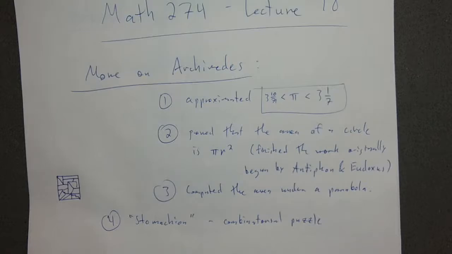So Syracuse was allied with Carthage. Carthage was on the losing side eventually, and so by 212 BC, the tides had definitely turned. Syracuse had been besieged by Marcellus, who was the best general on the Roman side.